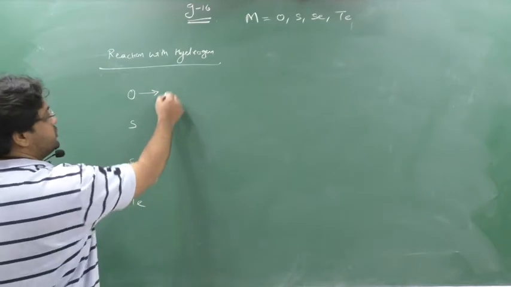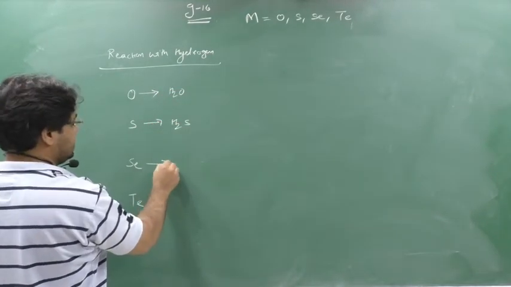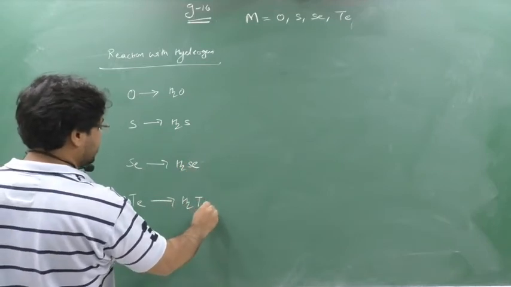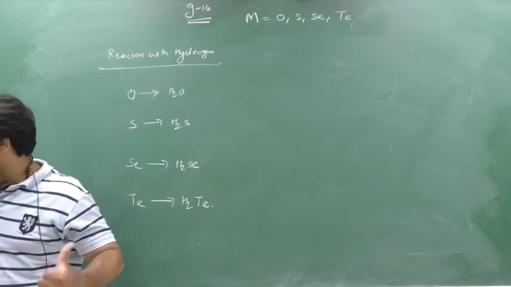O will react with hydrogen to form H2O, sulfur will form H2S, selenium H2Se, and here you can write H2Te. Clear this part? So these are the compounds which will be formed by hydrogen on reacting with the other elements. Or we can say hydrides also.